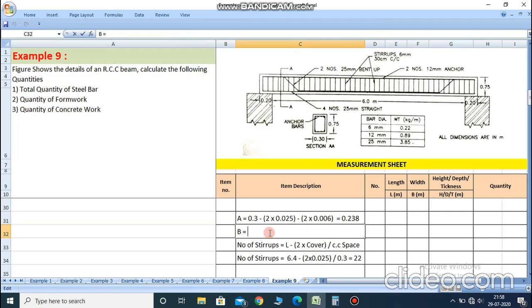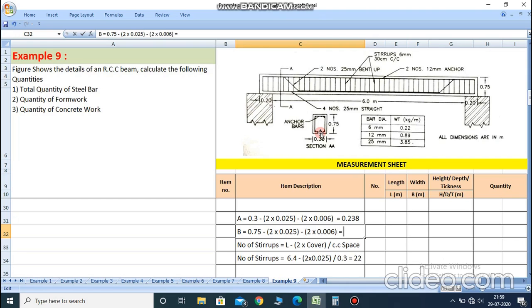Now we find out the value B. B here is the largest part. So right here 0.75 minus 2 times cover 0.025 minus 2 times the diameter of the stirrup.